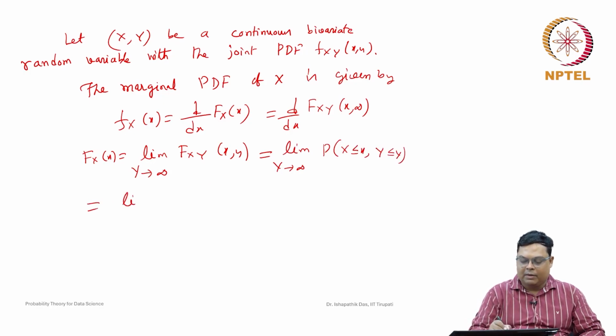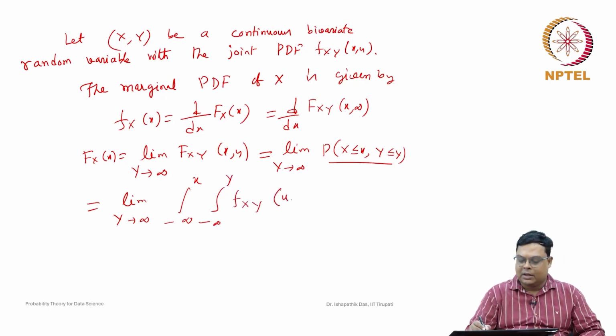Now, if we want to represent this, with y going to infinity, by the probability density function, it is the integral from minus infinity to x and then from minus infinity to y of the joint probability density function f_XY(u,v) du dv.